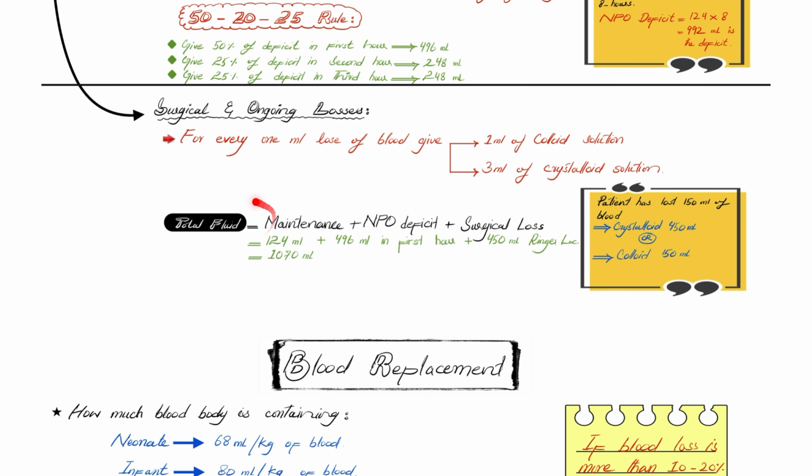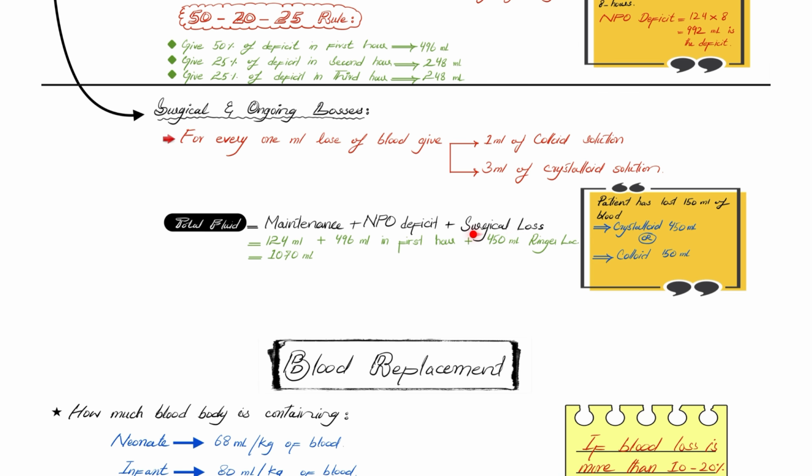Total IV fluid that should be administered in a patient undergoing surgery who is 84 kilogram in weight: the maintenance IV fluid we calculated was 124 milliliter. NPO deficit in the first hour, which was 50% of the total NPO deficit we calculated, was 496 milliliter.